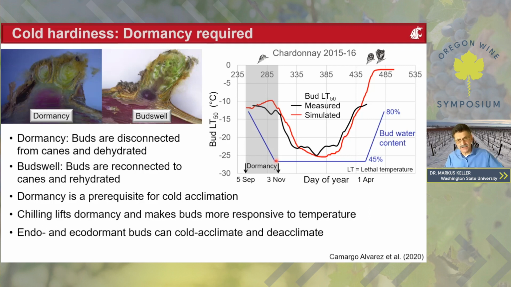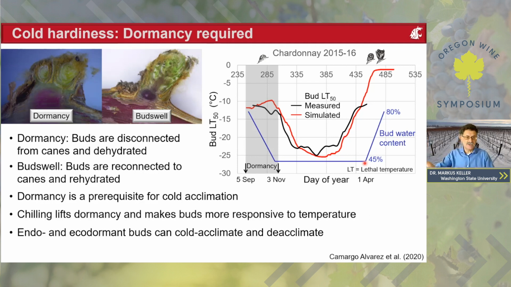That water content then stays roughly constant around 40 to 45% all through winter, all the way to bud swell. And I will talk to you a little bit later about how this happens, but during just a few days during bud swell, as the bud prepares to come out and then grow again, the water content increases from 45 to 80% over a very short period.